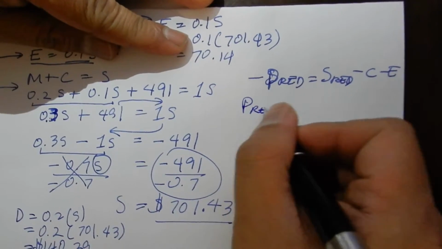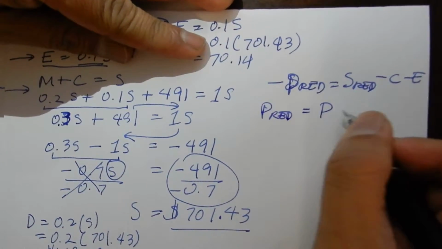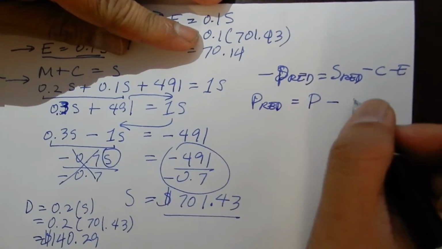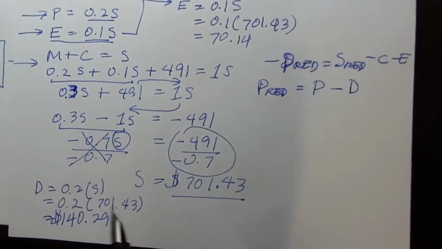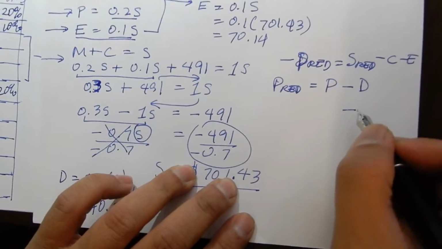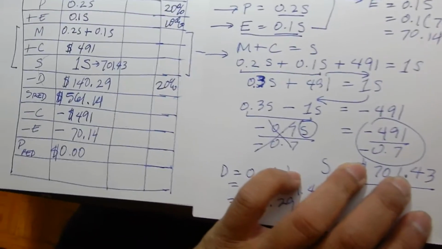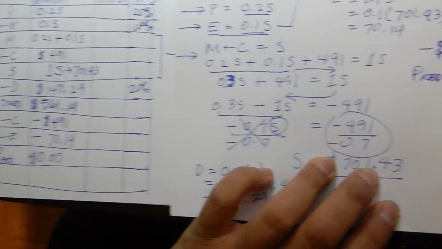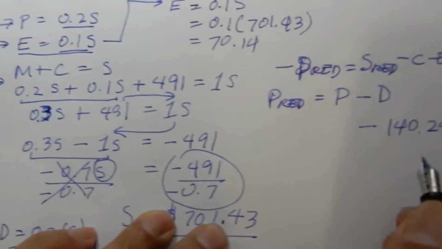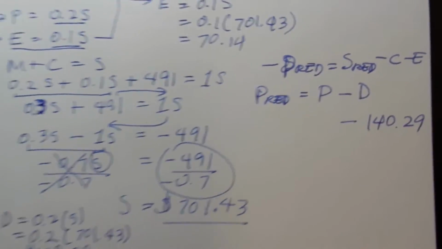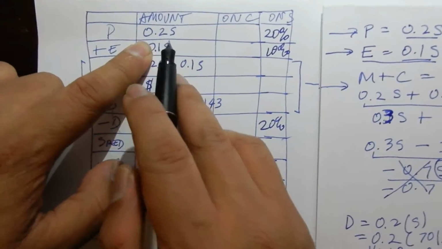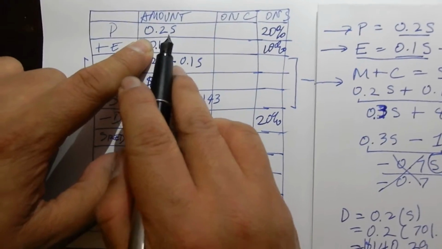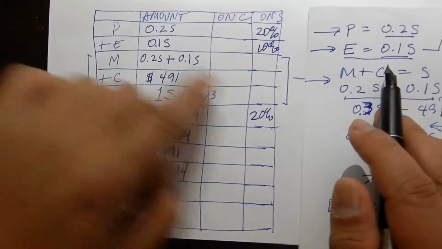It can also equal profit minus the markdown. Okay, so I know what the markdown is. Markdown is 140.29.